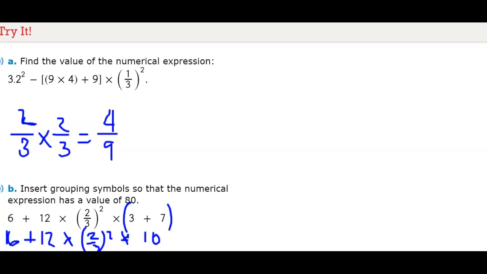And so we have, I'm going to rewrite it up here, 6 plus 12 times 4/9 times 10. Now we have to do multiplying or dividing from left to right.